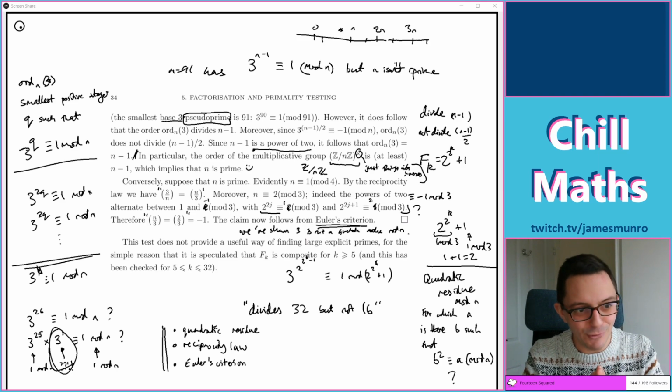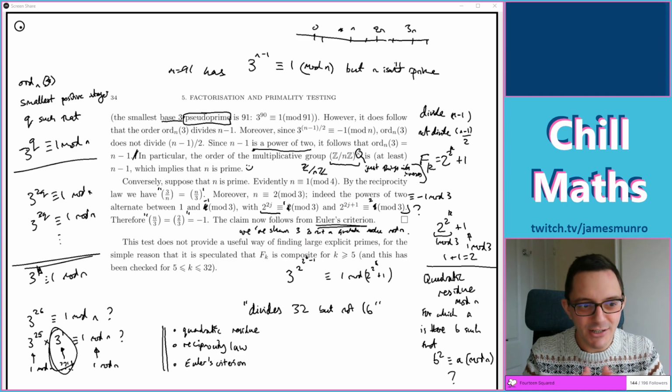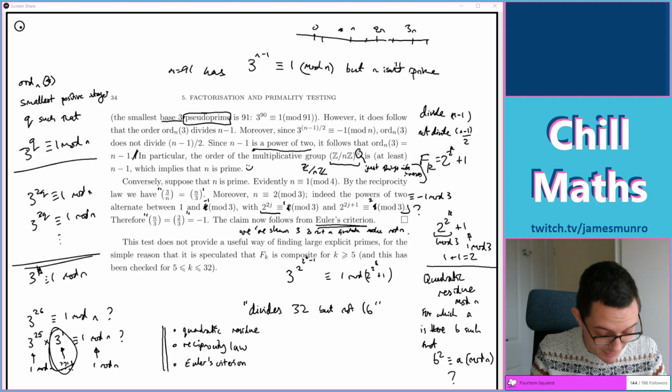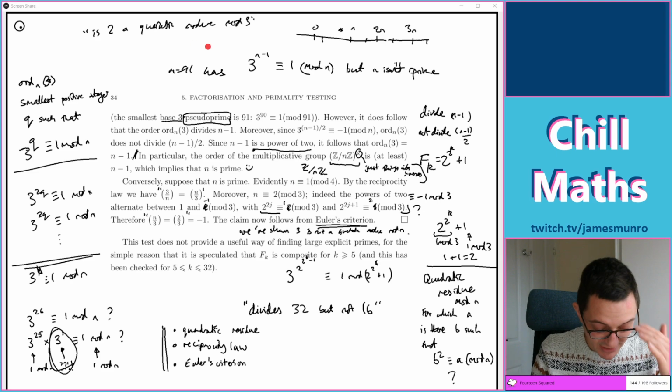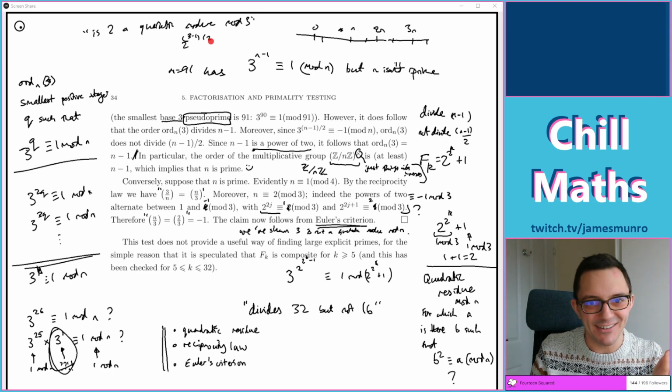Right, okay. Whew. It's funny, you learn a new trick, and sometimes you want to use it all the time, to say, oh, is 2 a quadratic residue mod 3? You could go and take 2 to the power of 3 minus 1 over 2 and try and work out what that is, mod 3.